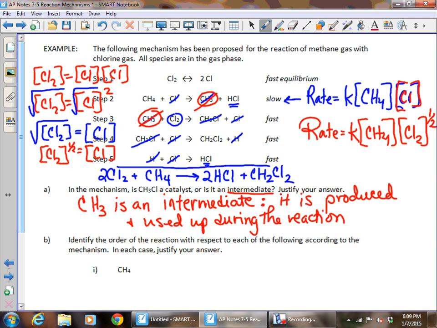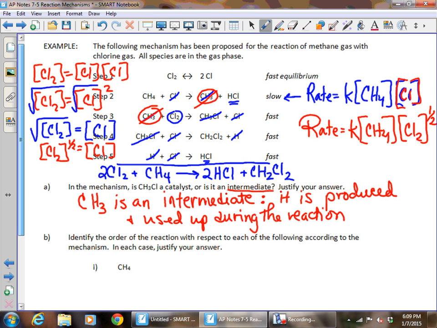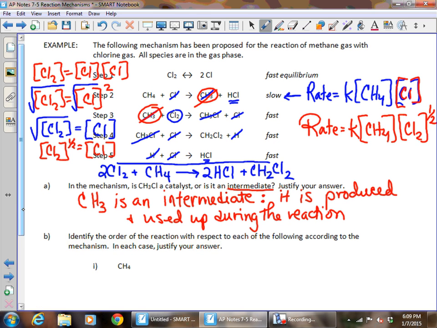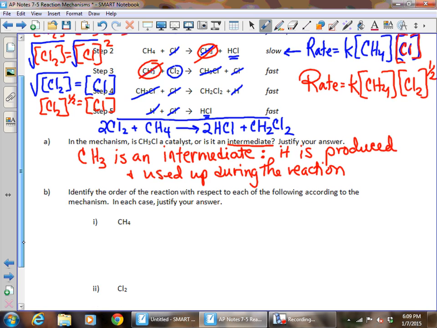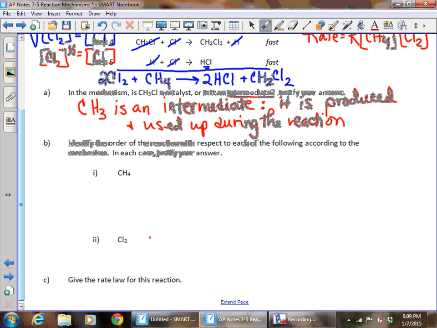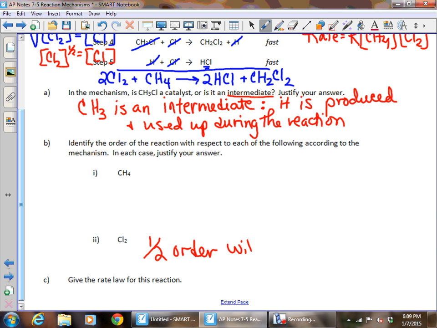This was the first time I had ever seen a half order reactant. So this is half order with respect to Cl2. And we explained this. I'm not going to rewrite it. The justification was the mathematics we used above to determine our rate law. So it's half order with respect to Cl2.